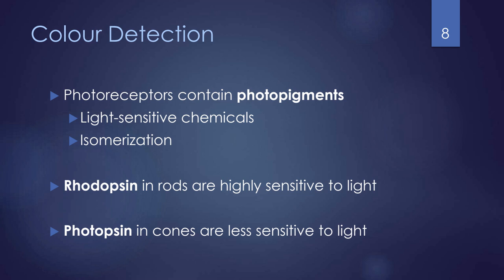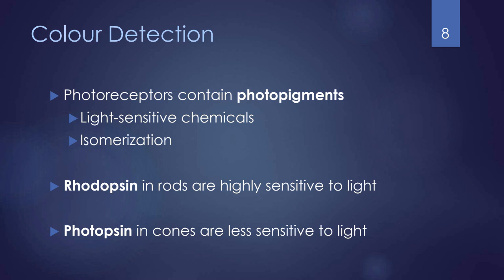So we've already kind of looked at this, but we know so far that photoreceptors contain these light-sensitive chemicals called photopigments. Photopigments are unstable, and by unstable I mean that when light passes through them, they change their shape.